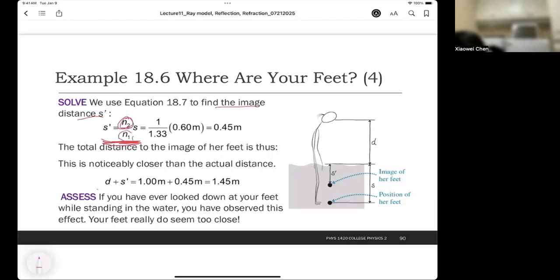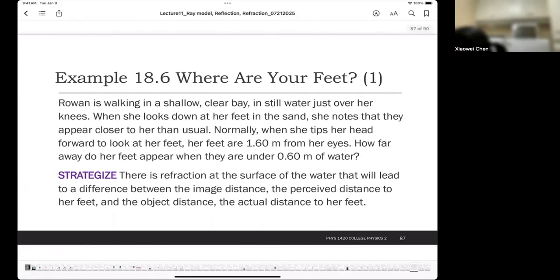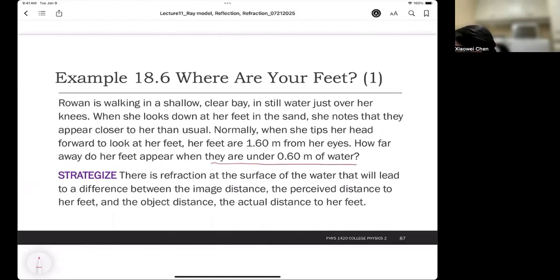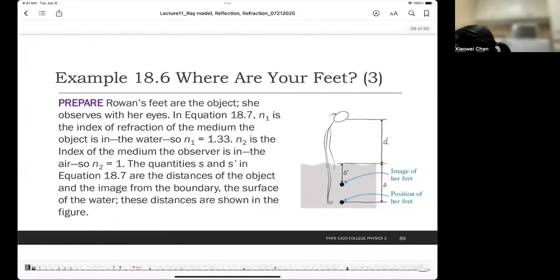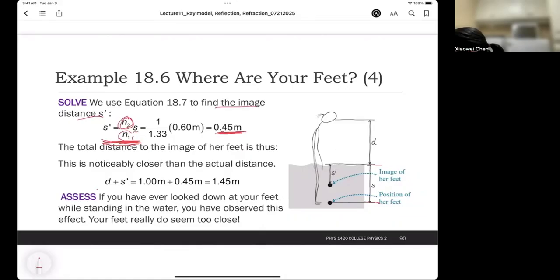This is water, 1.33, and this is air, 1. And this distance is 0.6 meter, from the question: how far do her feet appear when under 0.6 meter of water. Which means s' equals 0.45 meter.